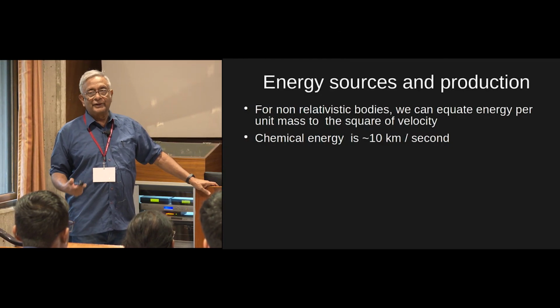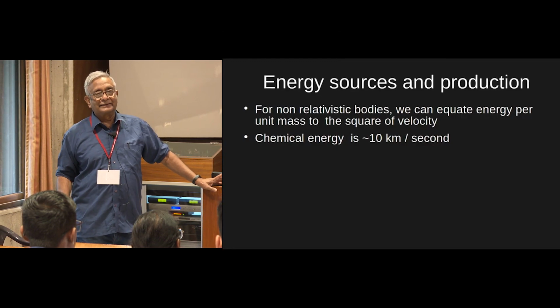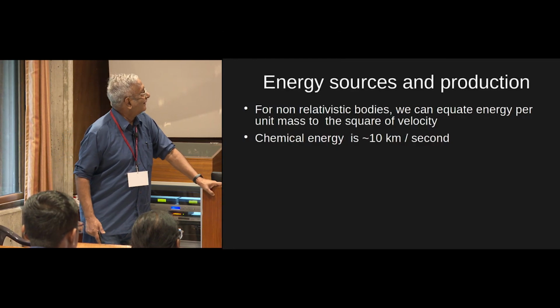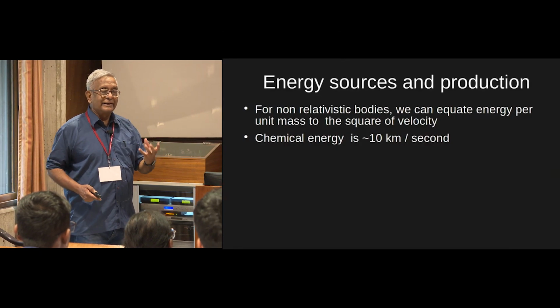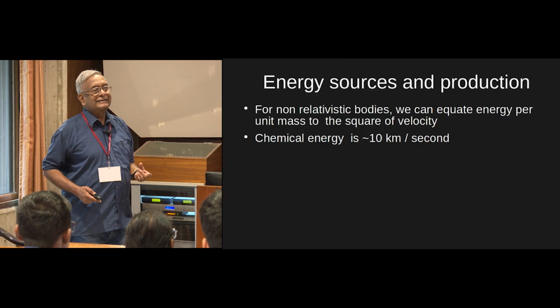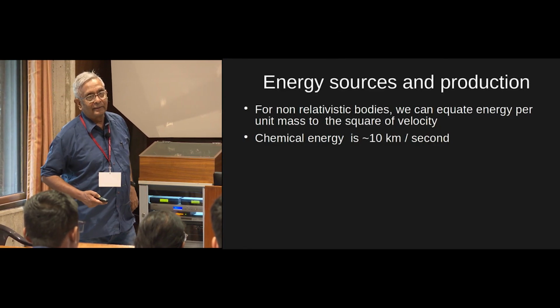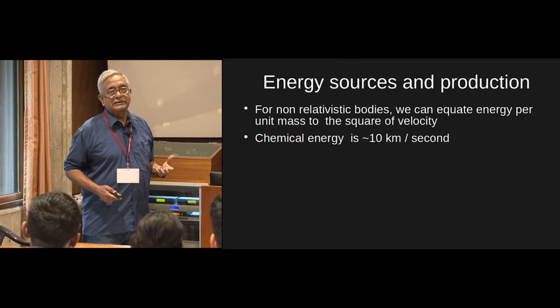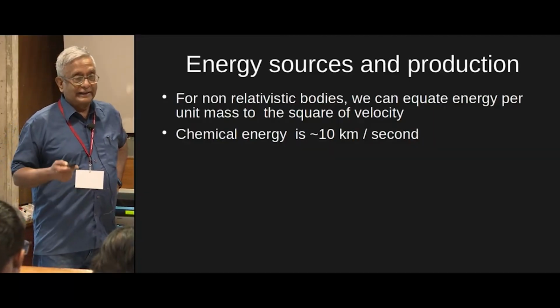So, you get 10 to the 12 in the numerator, take the square root, 10 to the 6, that's 10 kilometers per second, okay? That's all you have to do. So, this gives an idea, and this actually tells you that if you have the chemical energy of a rocket, it's just about enough to lift it to the escape velocity, okay? In fact, they have to use a reaction hydrogen plus oxygen, which releases a lot of energy, cryogenic engines and all that.